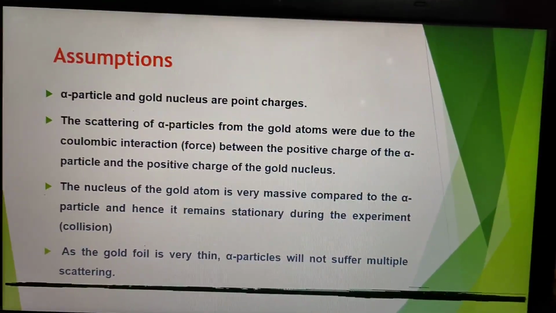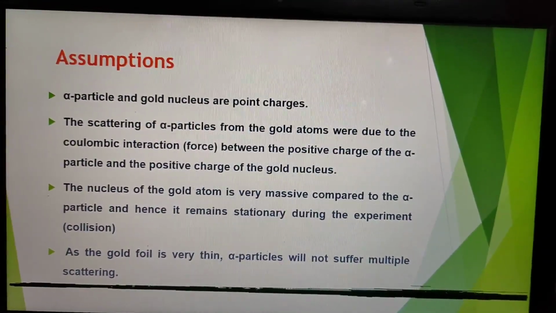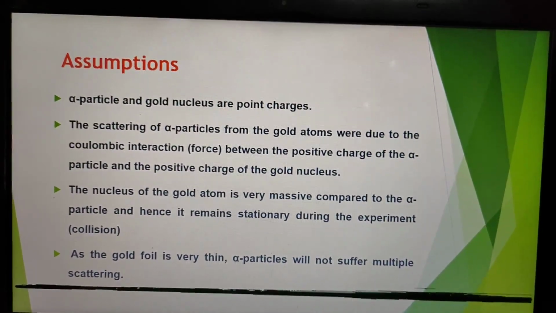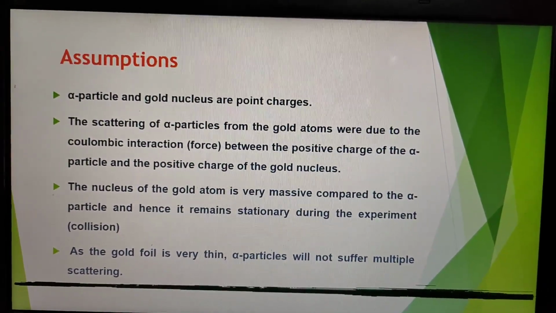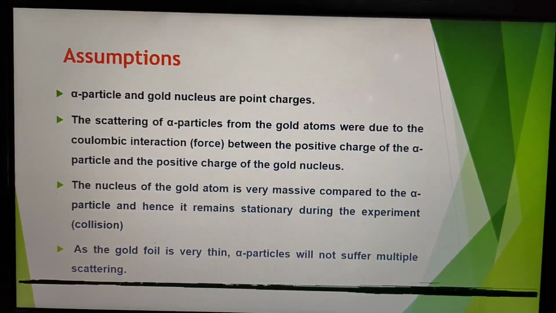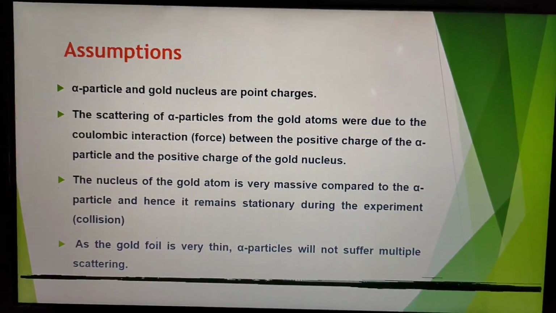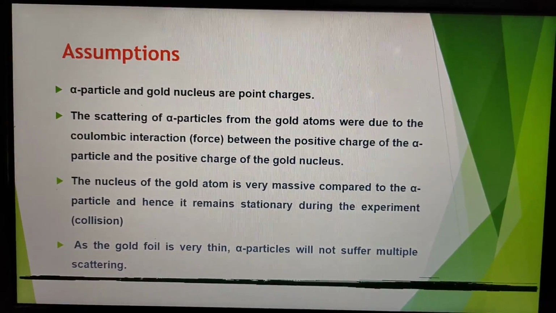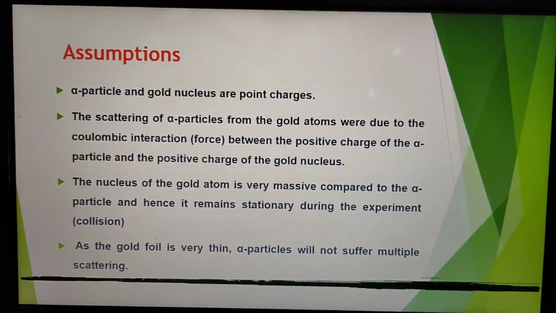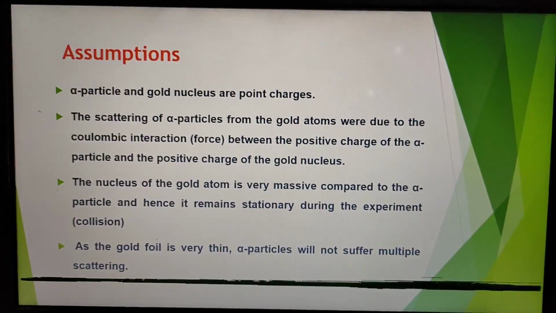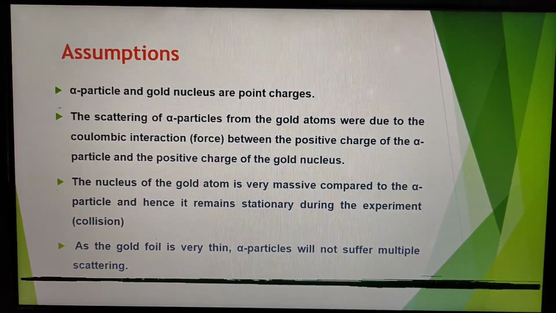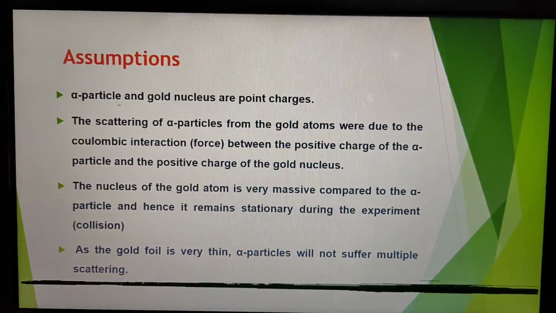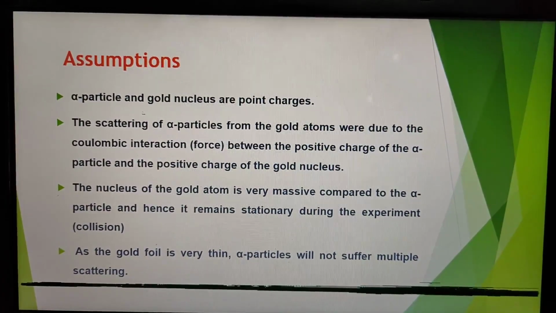Now, to develop the theory, Rutherford made some assumptions about this experiment. The first assumption is that the alpha particle and the gold nucleus are point charges. So, what are point charges? Point charges are very small charges when we compare the radius of the charge to the distances involved.